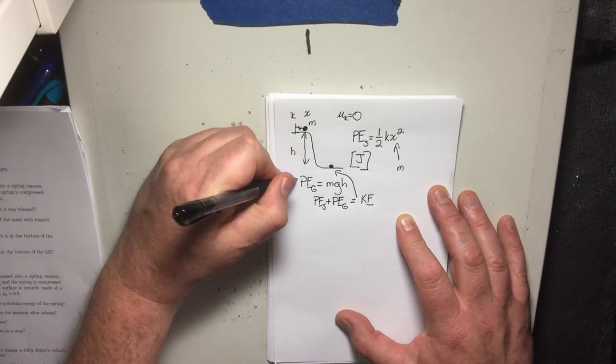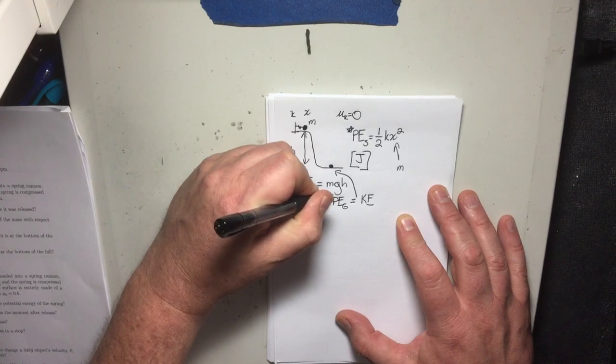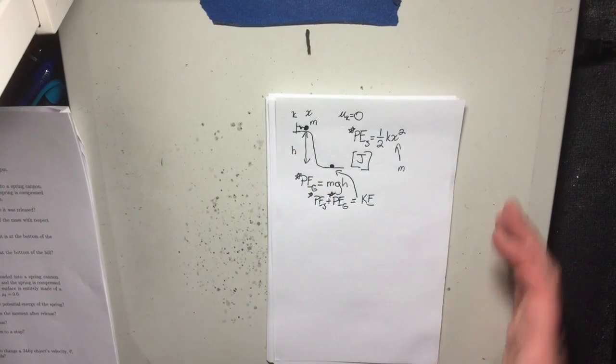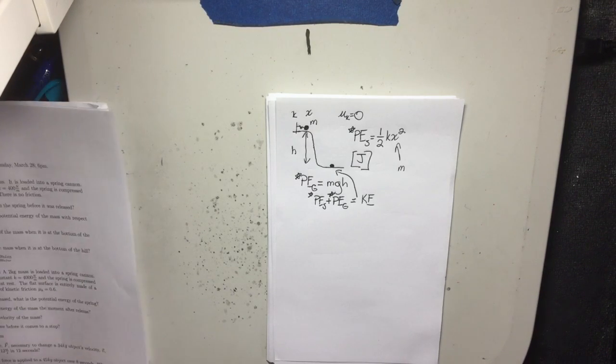So you take those two quantities and add them together. And that will give you the kinetic energy of the mass when it's at the bottom. Because there's no friction, no energy is released into the greater system of the universe. So the mechanical energy is conserved.